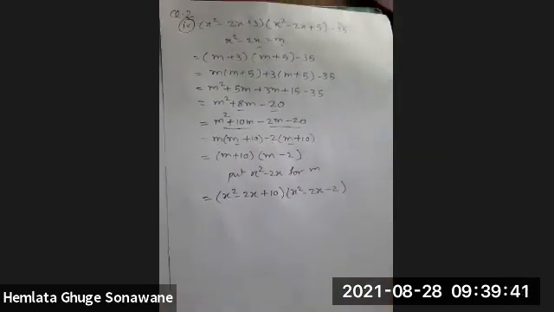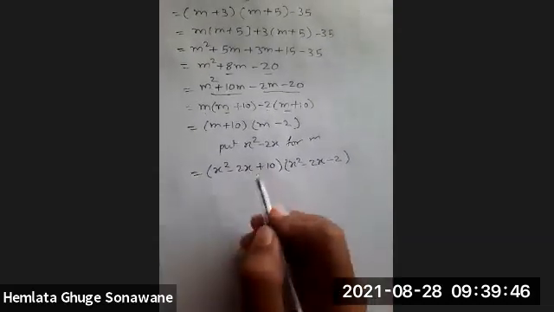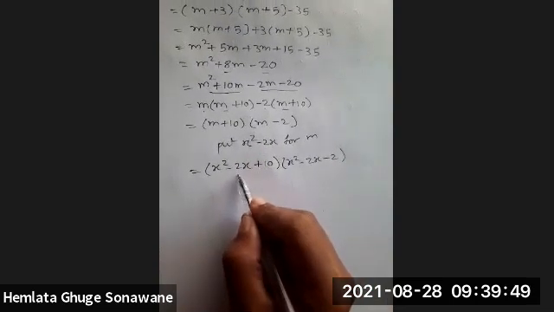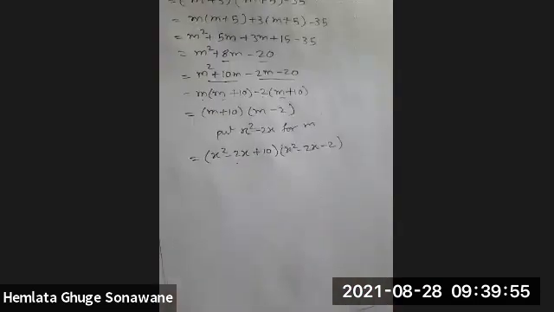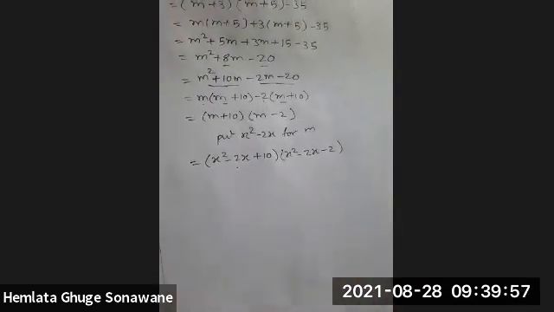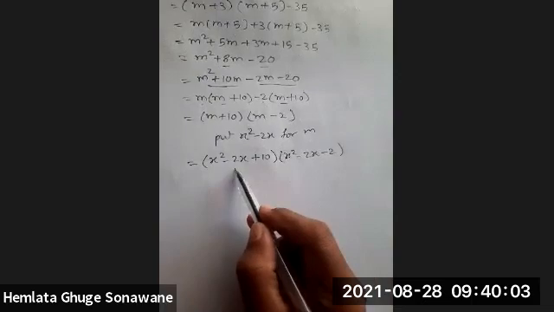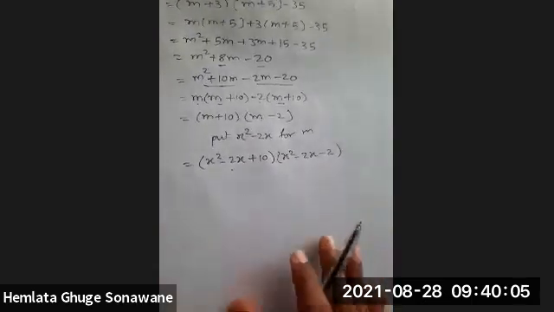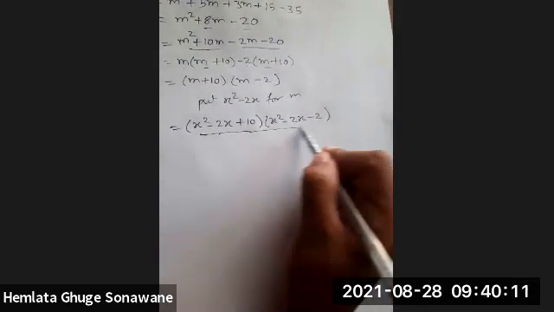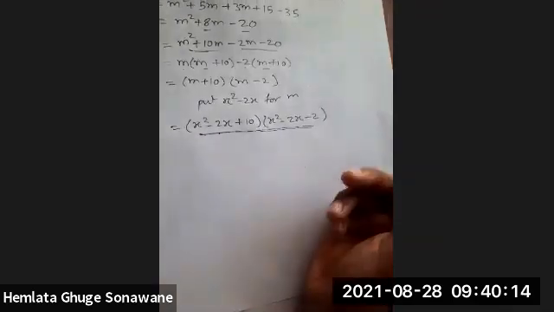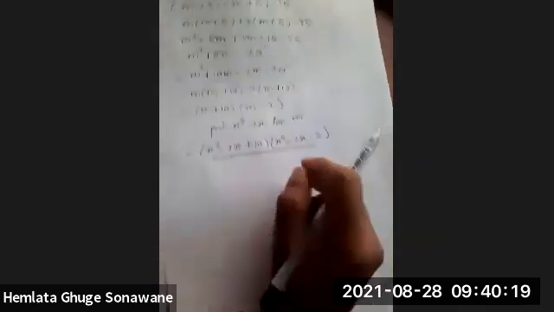Now here again we have to see whether we can factorize these brackets or not. We need sum as minus 2 and product as plus 10. So there are no factors for this. So we'll write this bracket as it is as our answer. That is, the factors of this given polynomial are x square minus 2x plus 10 and x square minus 2x minus 2.